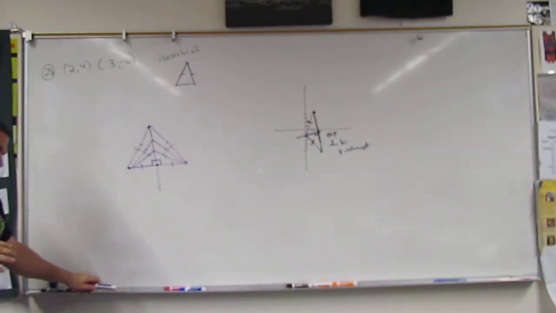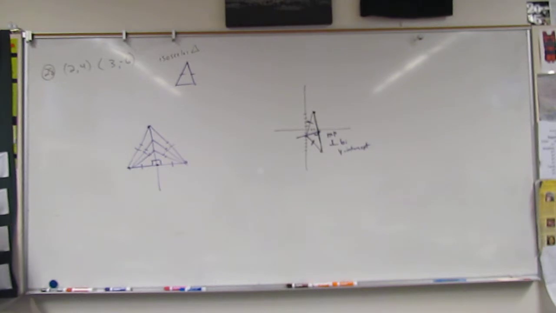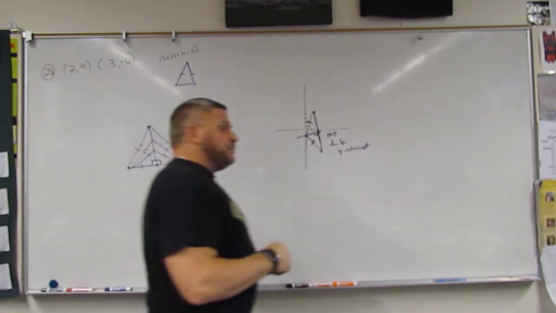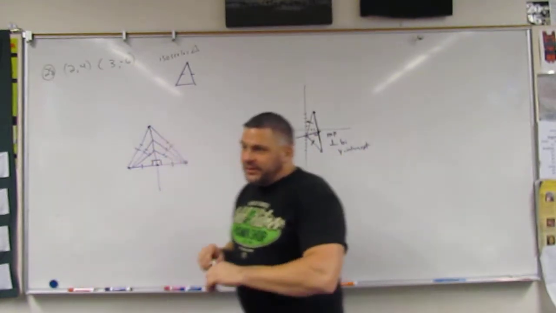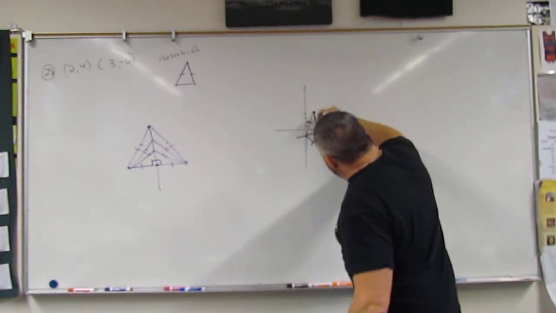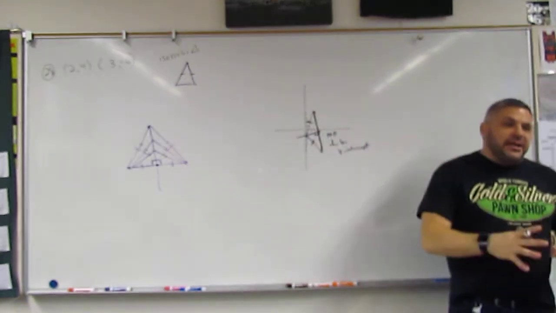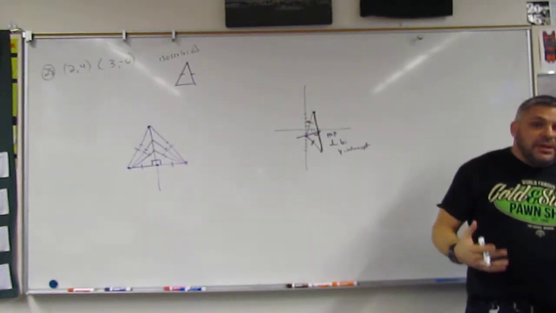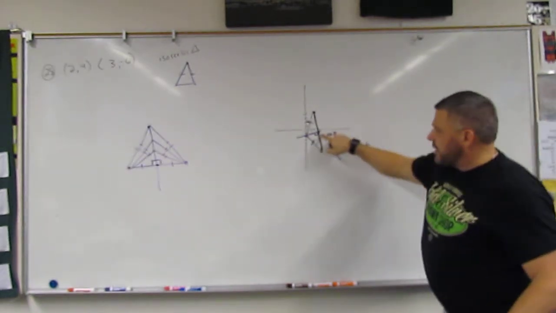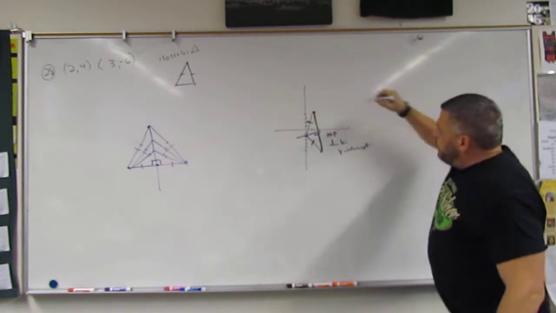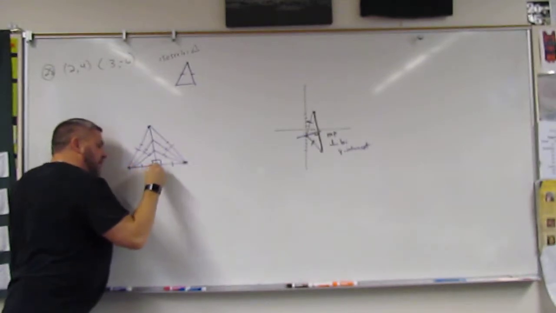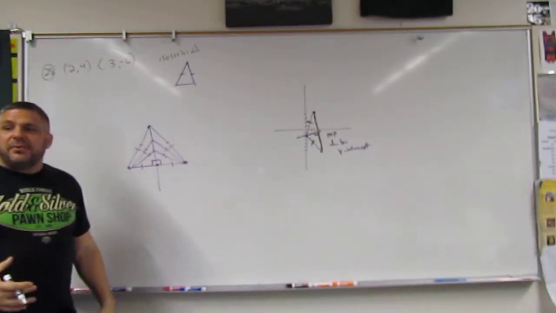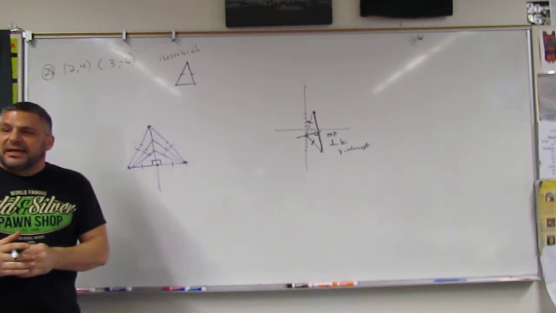Does that make sense? Okay. First of all, we have this line. Follow me on this. We find the middle point, the midpoint of the line. Once we find the midpoint right here, then we find the perpendicular bisector.